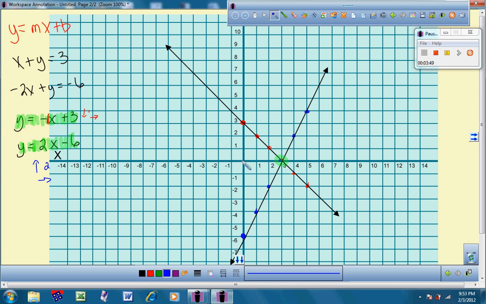So x means I am going to move to the right 3, so my x value is 3. And from 3 you can see that I am not moving up and I am not moving down, so my y move would be 0. So your solution to the equation would be (3, 0).